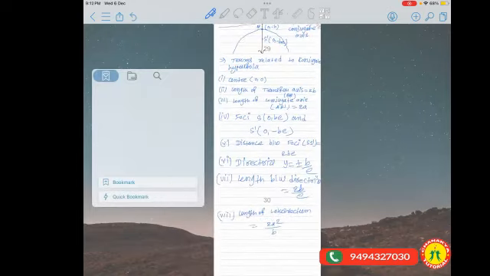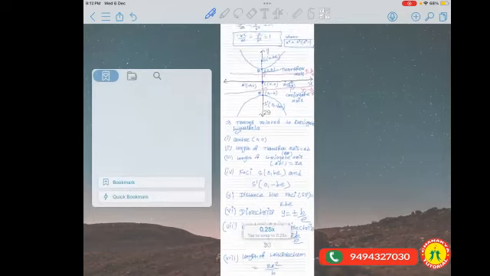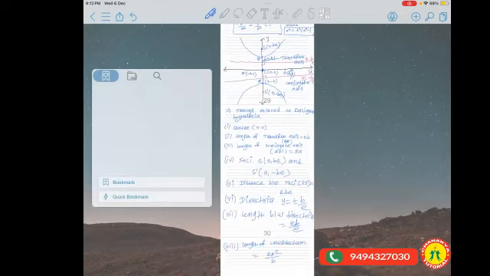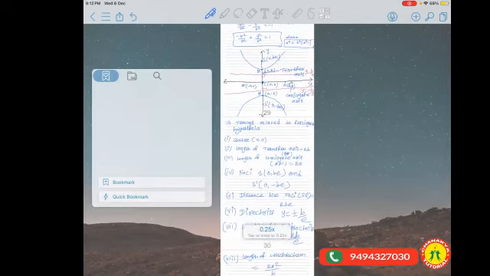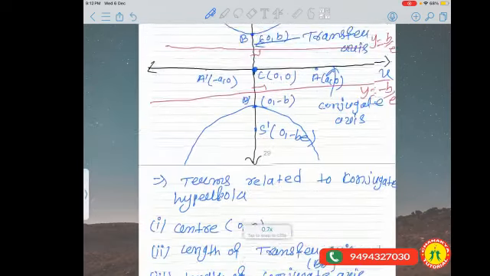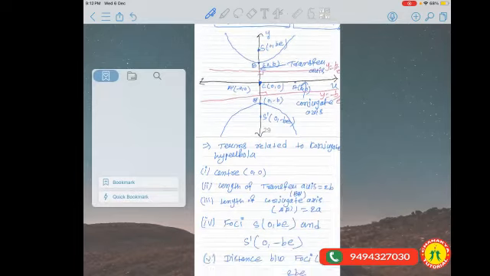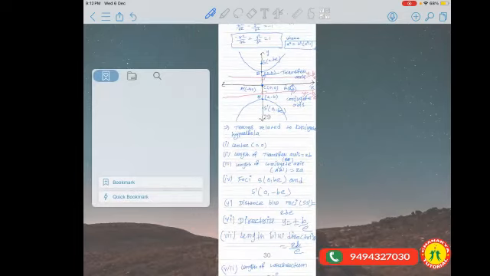We know the latus rectum always passes through the focus, so we get the coordinates. So the length of the latus rectum is 2a square by b. Everyone try to see and understand the related terms, because these are very important to understand the conjugate hyperbola. If you know the related terms, we will definitely do every question.